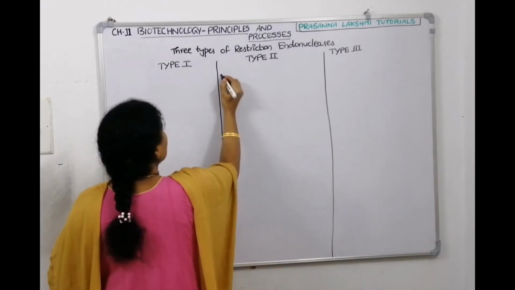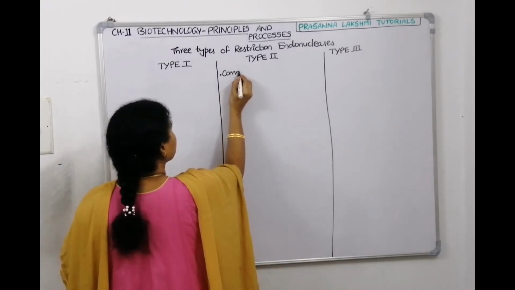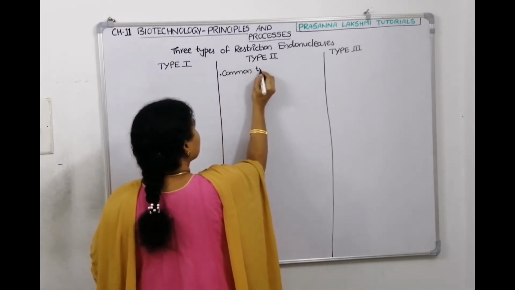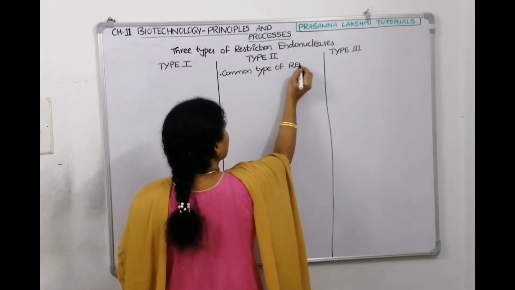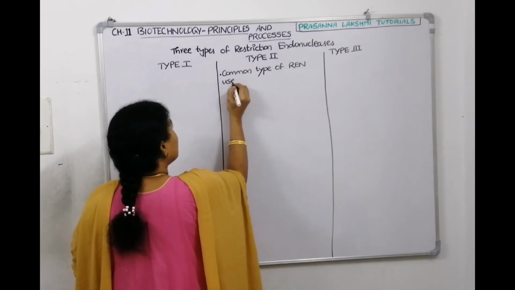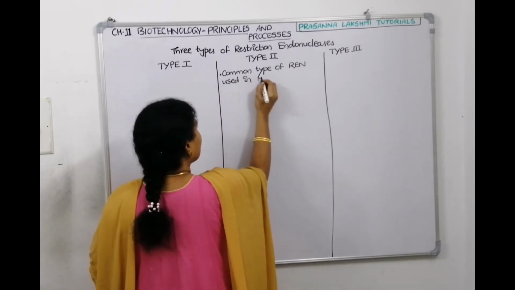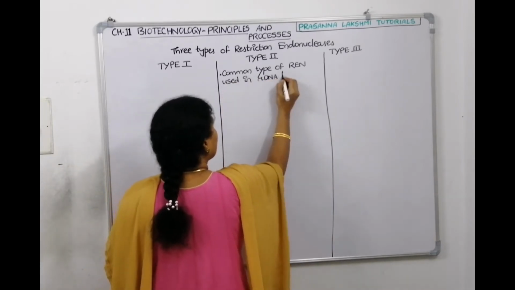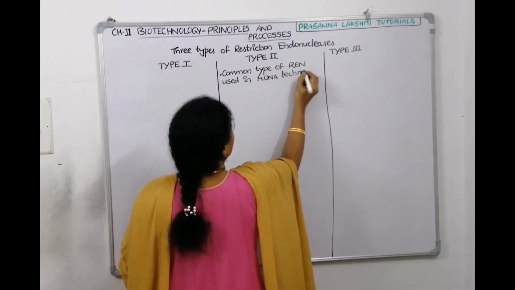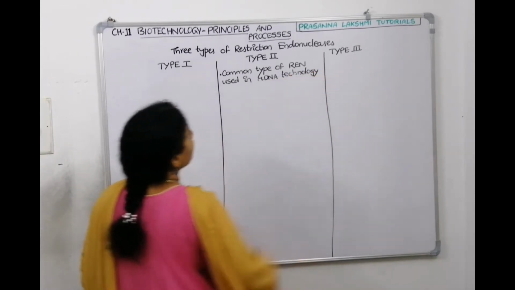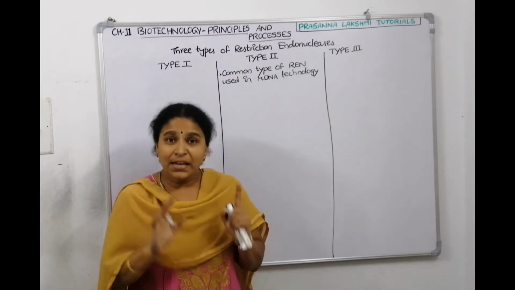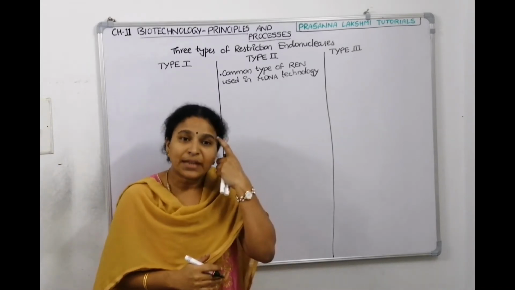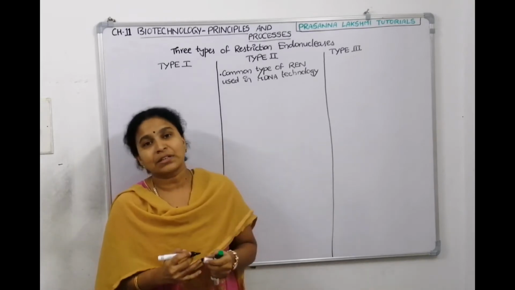So we can write down that these are the common type of restriction enzymes used in rDNA technology. Then, why is it used? You will come to know. So, we'll start with type 1.